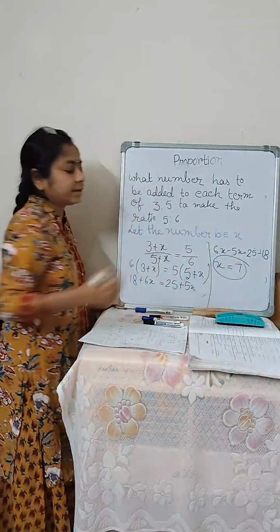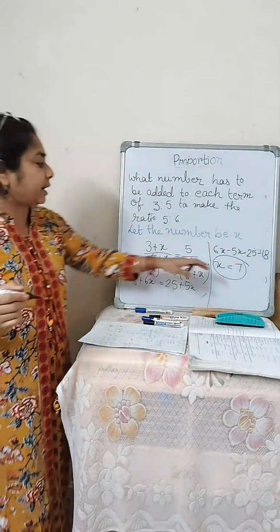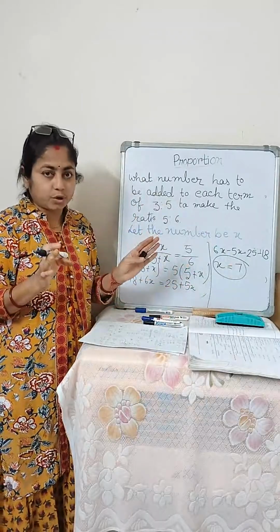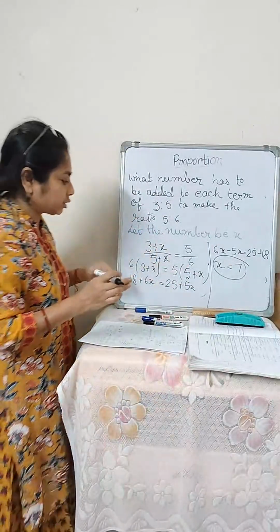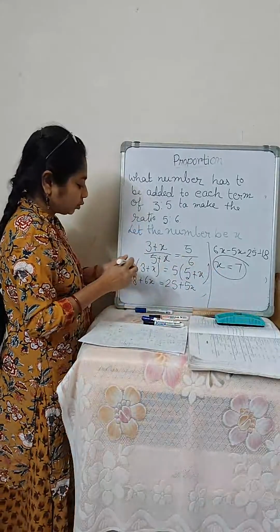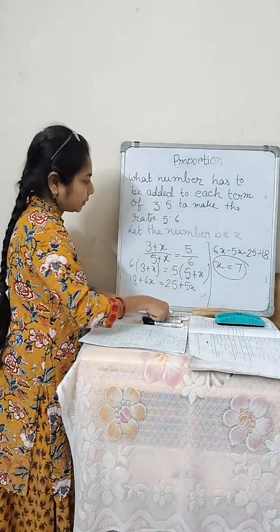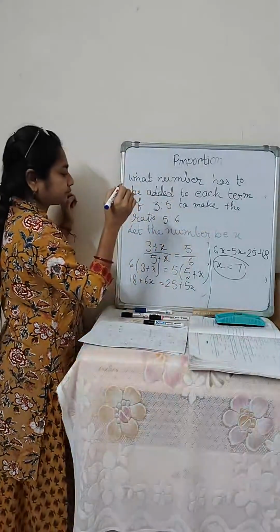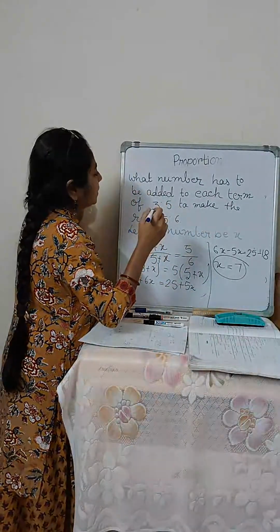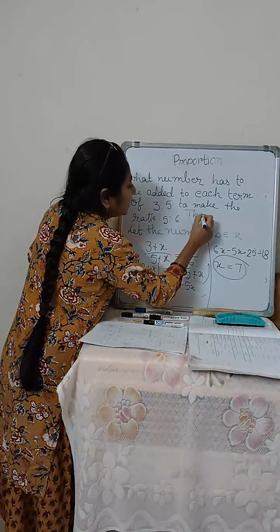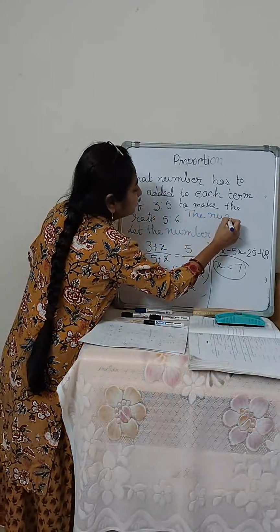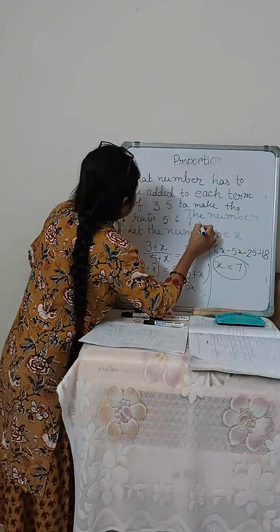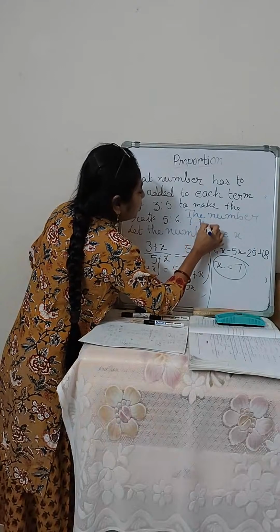Our answer is 7. But if you complete here and you want full marks, it is not possible. You should write in this way. What you write? The number 7 has to be added.